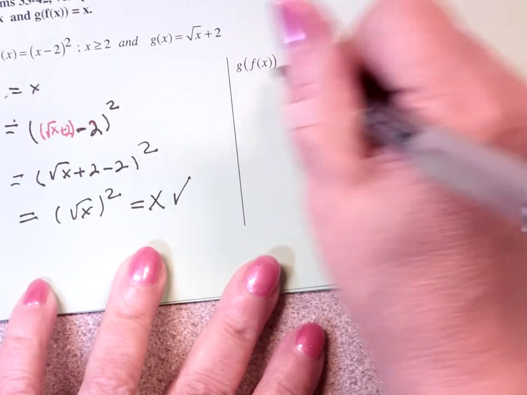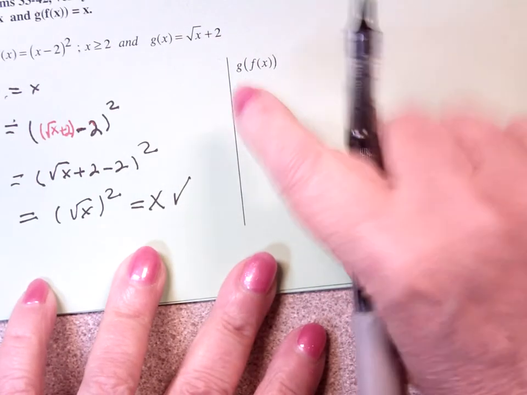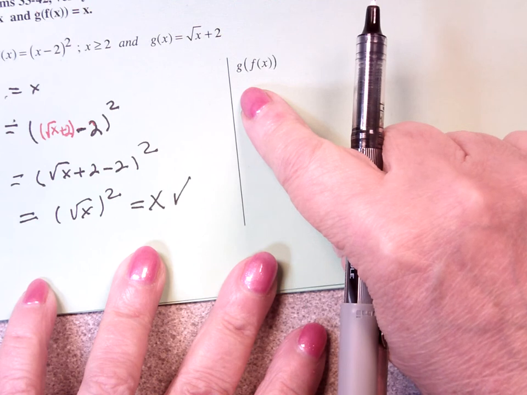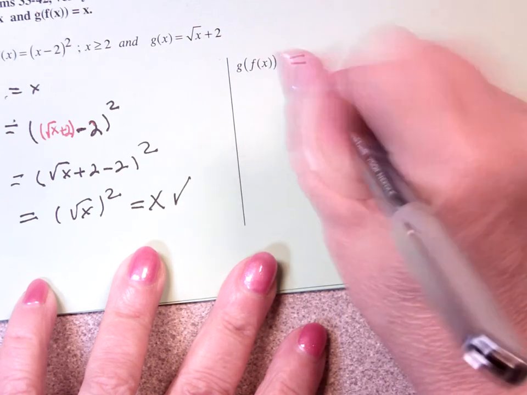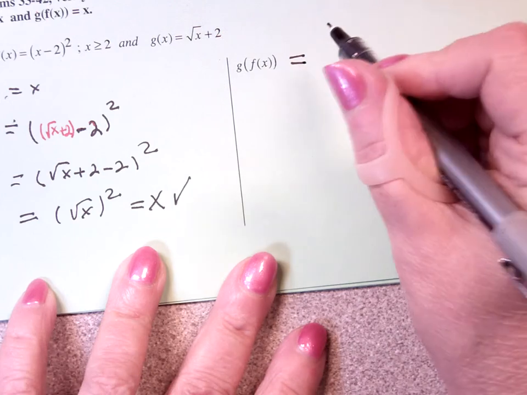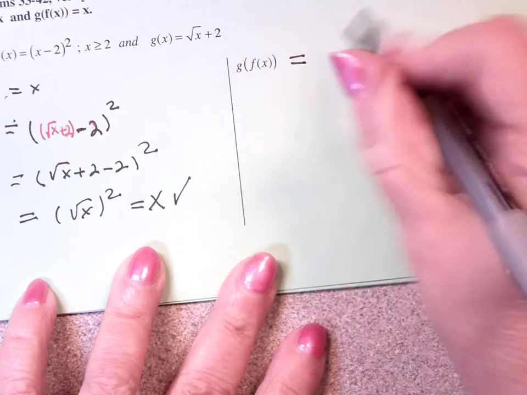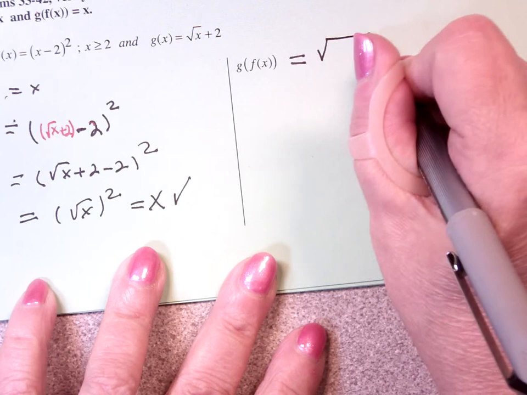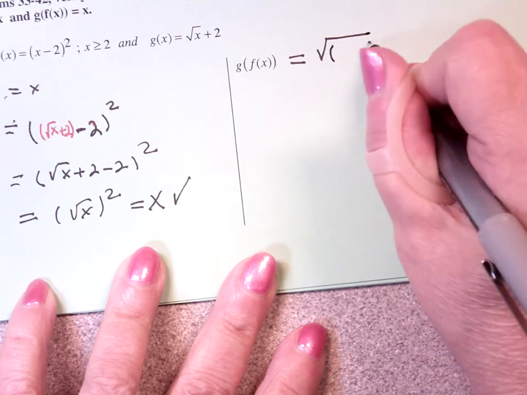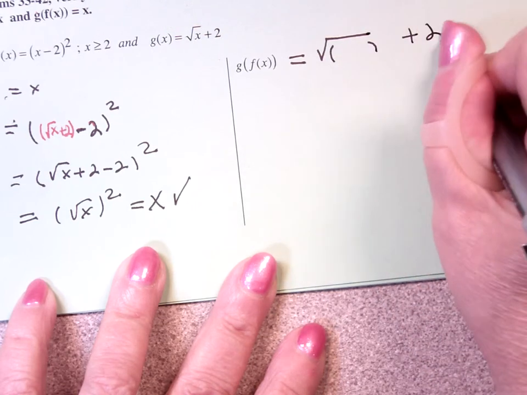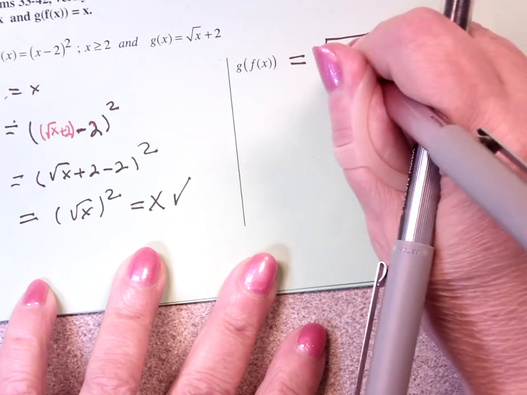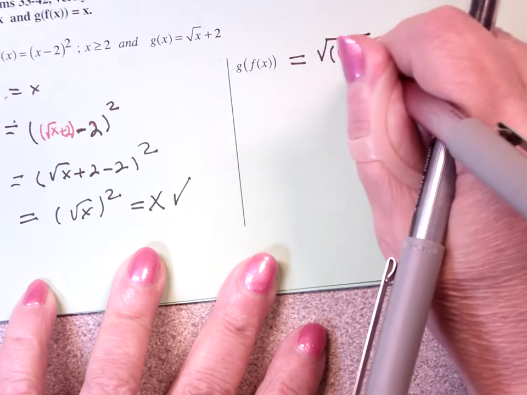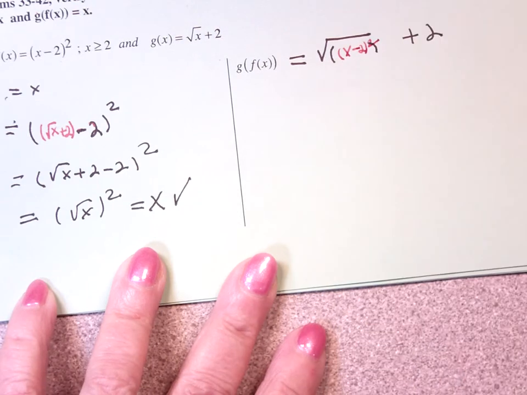This is g of f of x. So that says in the function g, you're going to pull out x and put in the function f of x. So that says in g, I want to look at the square root of x plus 2. X is the function f, and f happens to be x minus 2 the quantity squared.